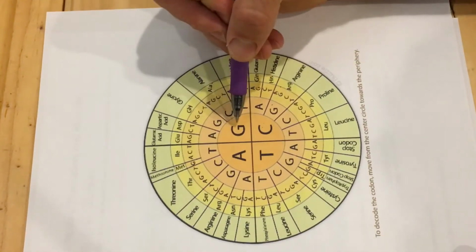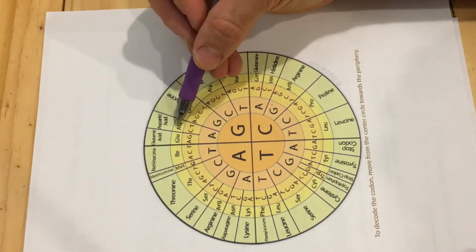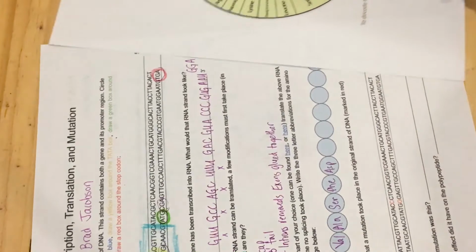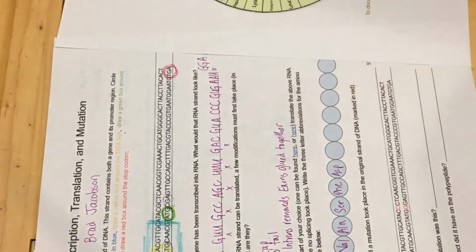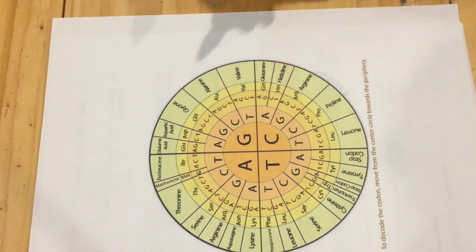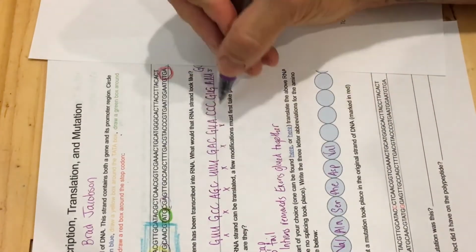And then the next one is GAC. So GAC is aspartic acid, ASP. ASP. Cross that out. Next one is GUA. So we go GTA is valine. VAL. Cross that one out.